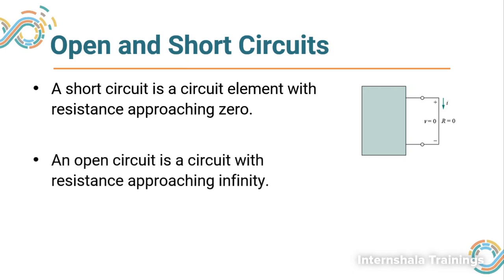Similarly, we have open circuit where the resistance is almost infinity. Open circuit can also be called a broken circuit or incomplete circuit. The resistance between these two terminals is infinity, that means the current is not flowing, but that does not mean that the voltage across an open circuit is zero. Voltage cannot be defined by these two parameters here.